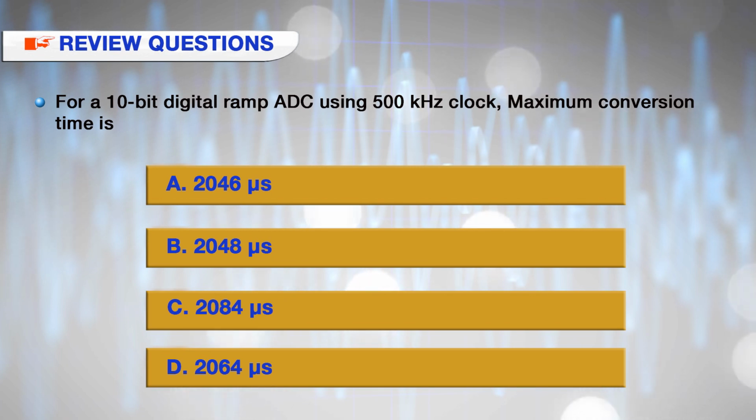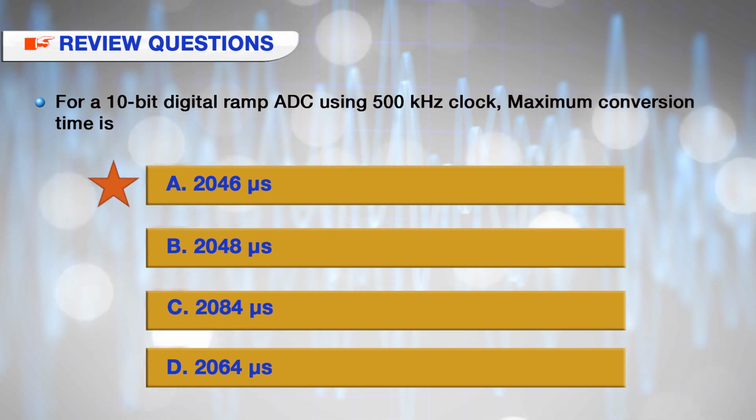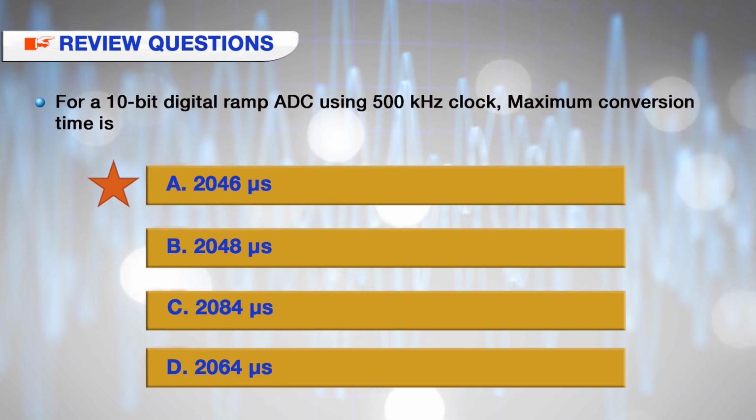So putting the values, we will get 2046 microsecond. So the correct option is A. Look, here we have been given frequency which is 500 kilohertz and we need time period. So we get it by taking the reciprocal of frequency.